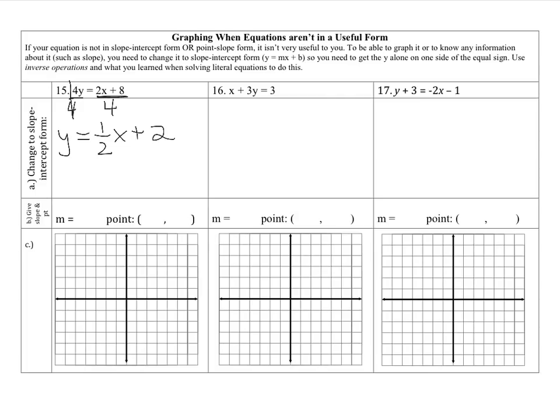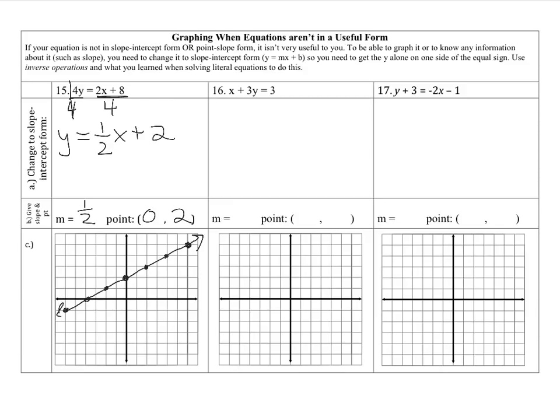So there you go, slope-intercept form. So now I know that my slope is 1/2, and the point that it goes through is the y-intercept of 0, 2. So we start at 0, 2, we put a dot there, and we rise 1, run 2. So we go up 1 to the right 2, or we can go down 1 to the left 2. And you've got your line.